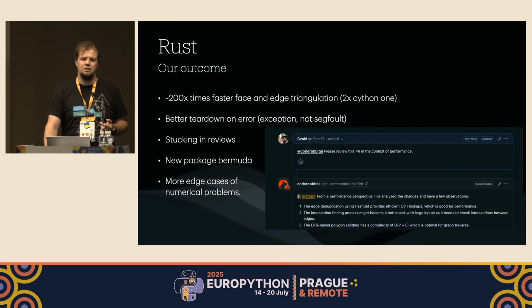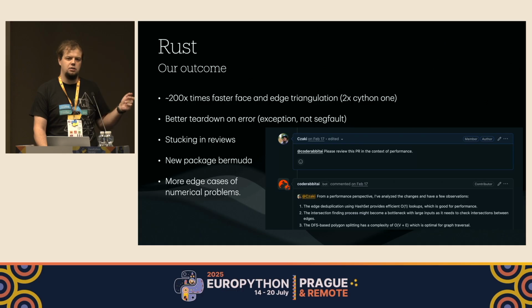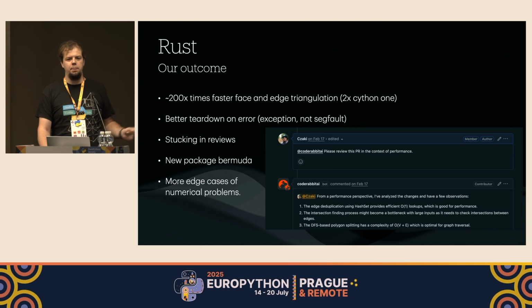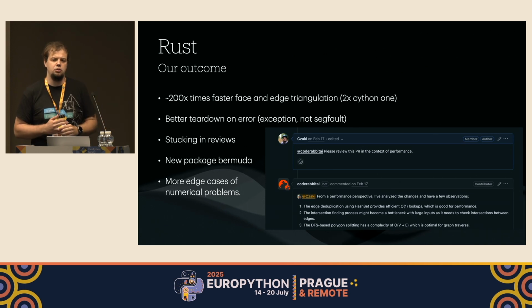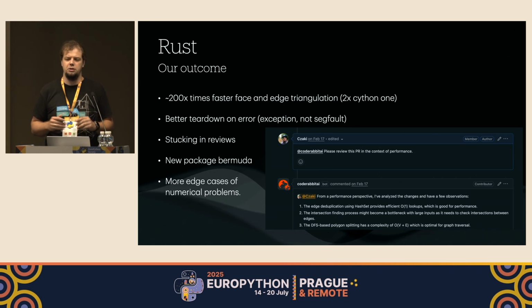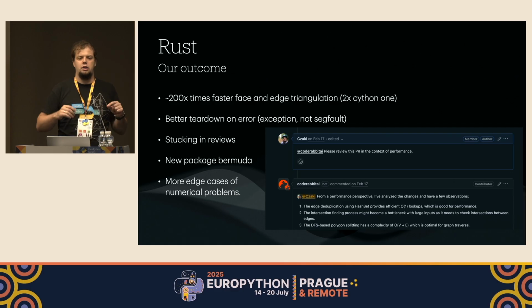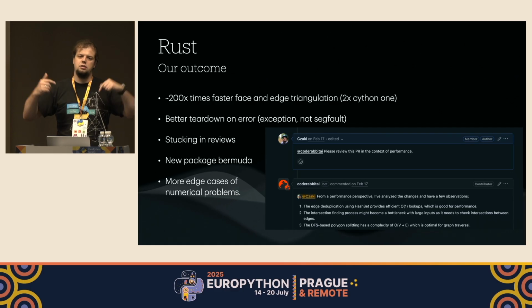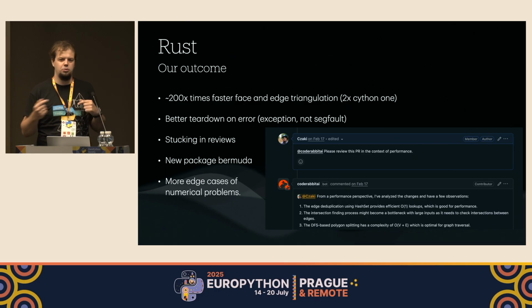We got 200 times faster, but it does not mean that the C++ solution is slower. We did not polish it enough. Because what is the main outcome? In many situations where C++ raises a segmentation fault, we got an exception from Rust, and we might handle it. We might dump the data and have nicer debugging. So this is why we polish.